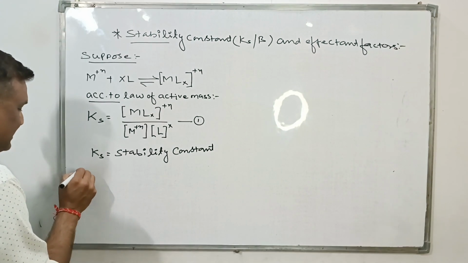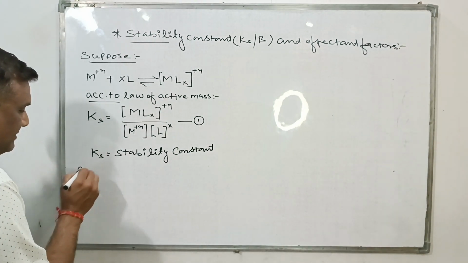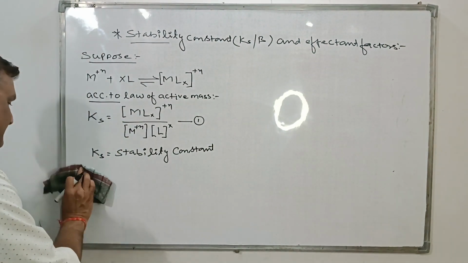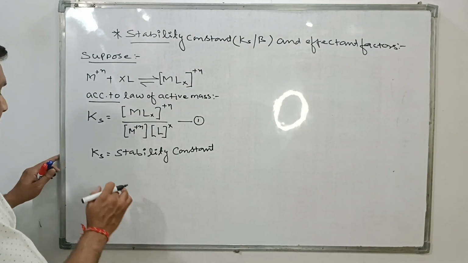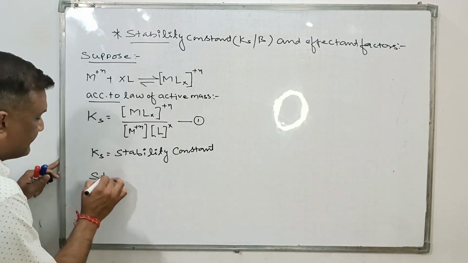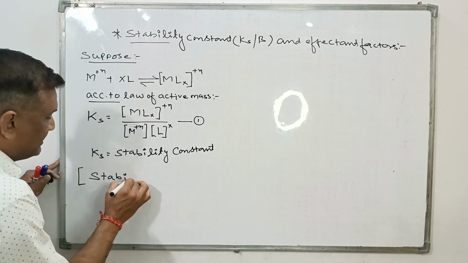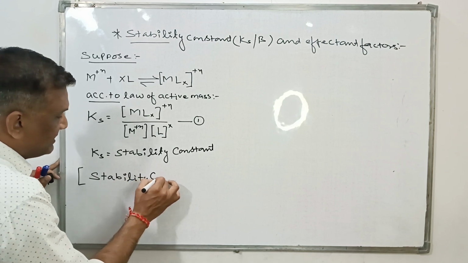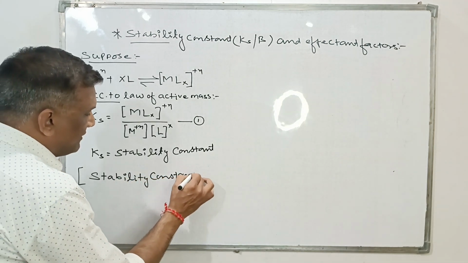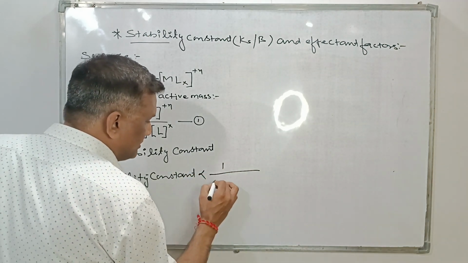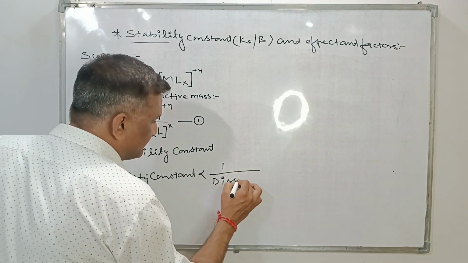Before taking an example, there is an important numerical also. The stability constant of any complex compound is inversely proportional to the dissociation constant.